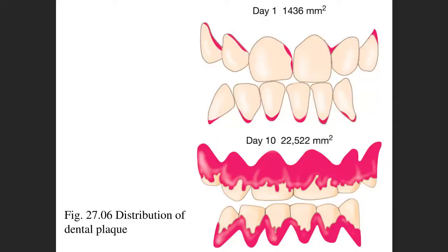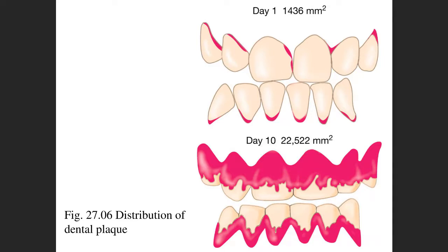So if we think about the microbes in the mouth, that's the first part of our body that is open to microbes, to colonization. And so this is the dental plaque. On day one, if you stain for the dental plaque, which is a mixture of bacteria and food particles, the microbes tend to stick them together.